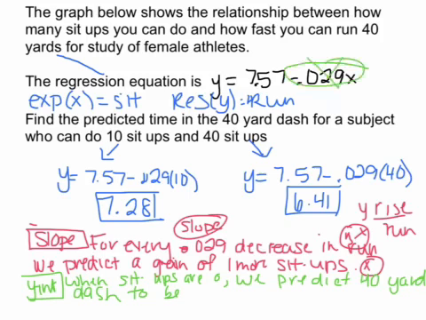So if I put a 0 right there, I predict that the y-intercept is 7.57. So for those two pieces, I would go back to the Prezi to help you put in the parts that you need to fill in.